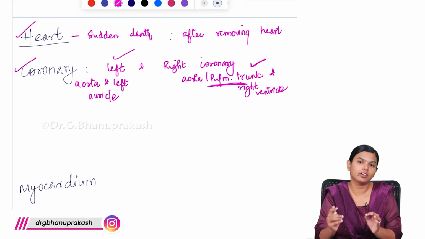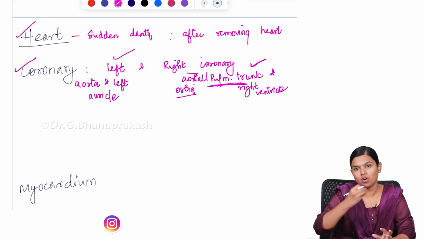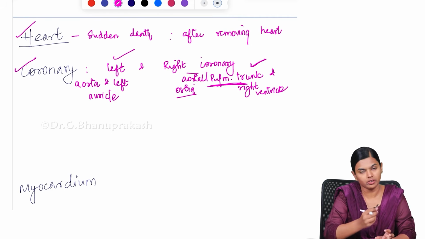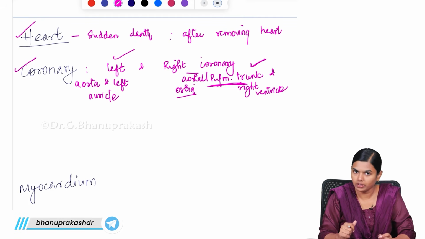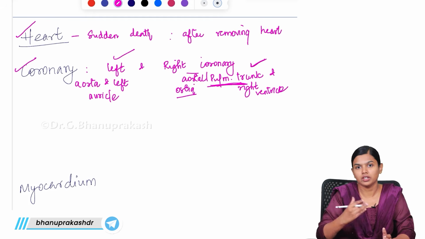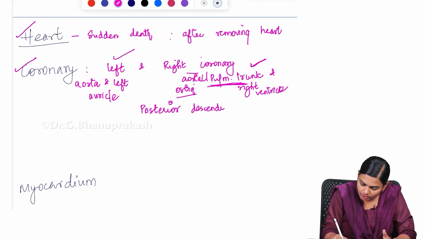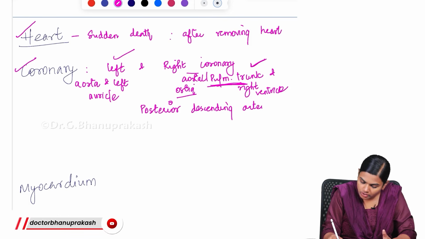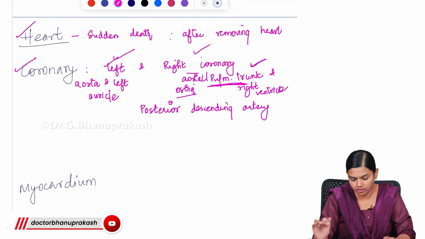Now you have to trace the artery from the aortic ostia, both of them originating from that ostia, that origin point we have to trace them, and we have to follow them throughout their course, and we have to determine which is giving supply to the posterior septum. Okay, this posterior descending artery, which branch is giving it, whether the left coronary artery or the right coronary artery is giving this posterior descending artery, we have to identify.